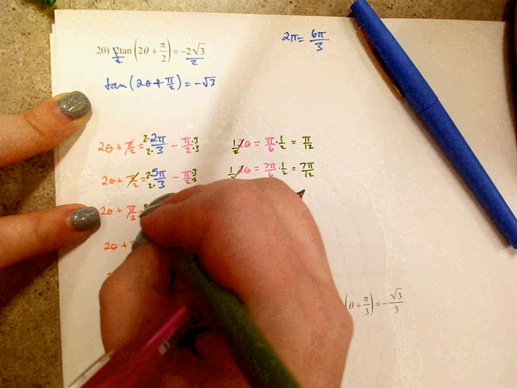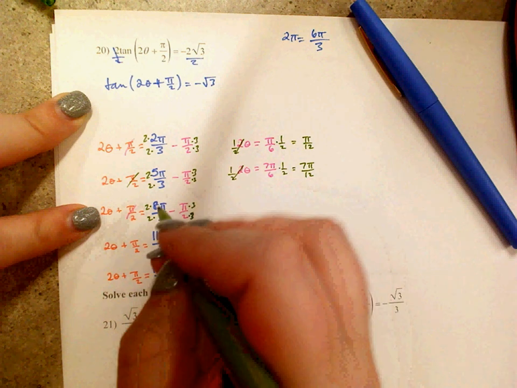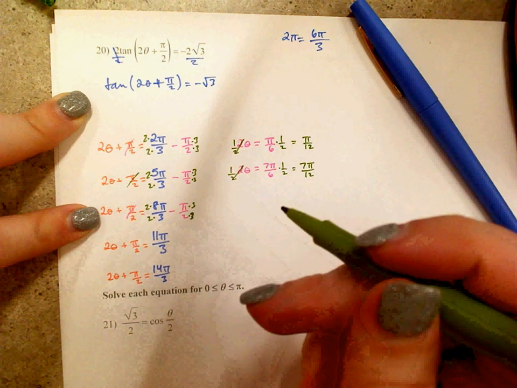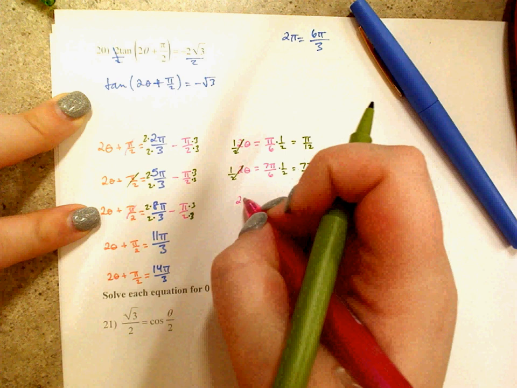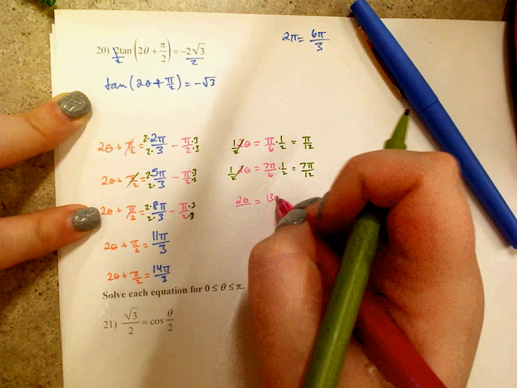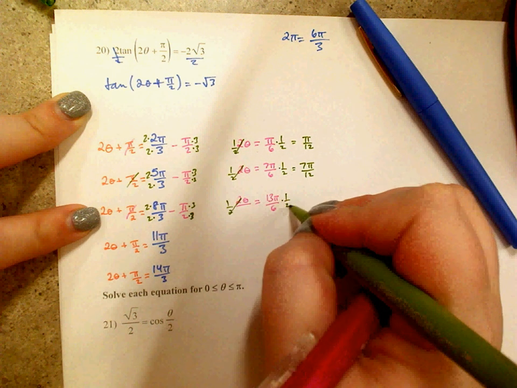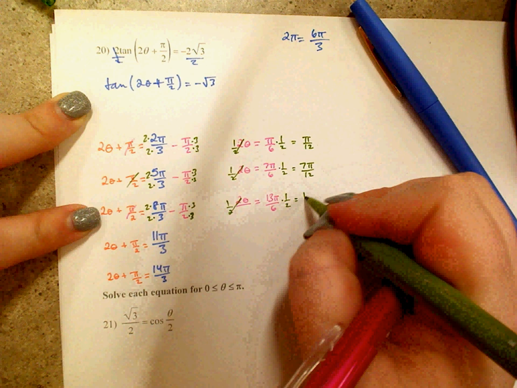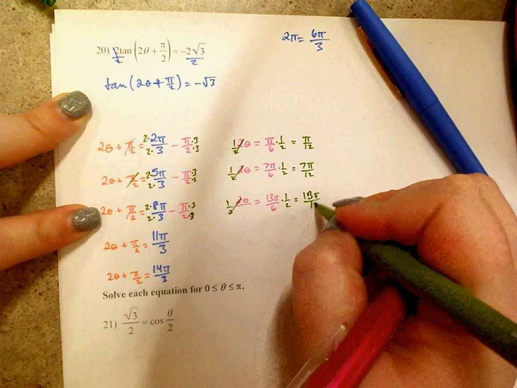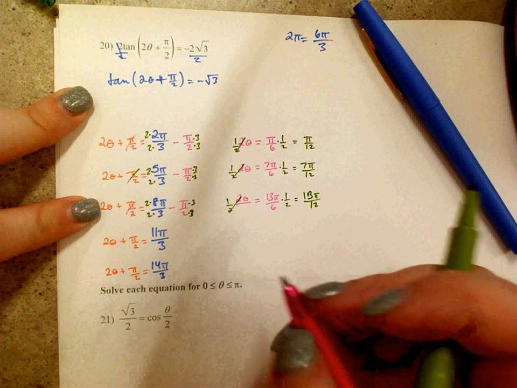Okay. We're going to subtract pi over 2. We're going to multiply by 2, multiply by 3. So we've got 16 minus 3, that's 13. So 2 theta equals 13 pi over 6, and multiply by 1/2, and you get 13 pi over 12. 13 pi over 12 is just over pi, so I'm still within the unit circle.